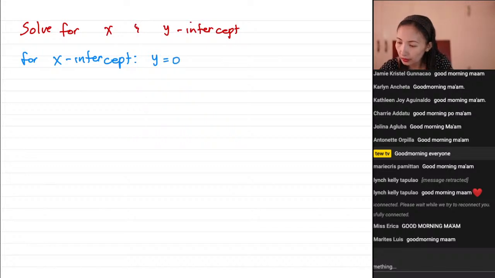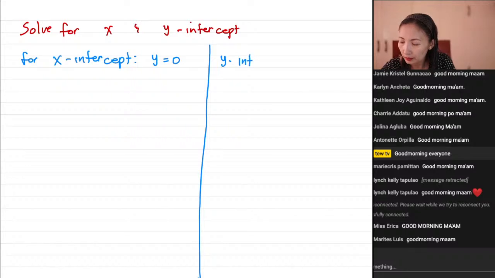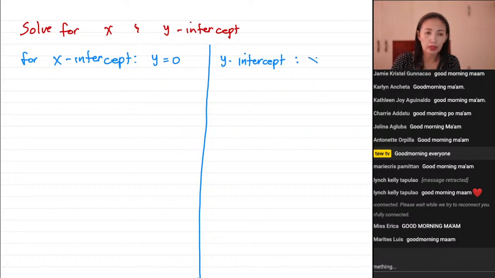And for the y-intercept, we let x be 0, if it has a y-intercept.